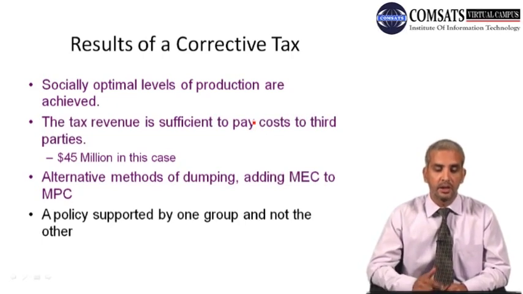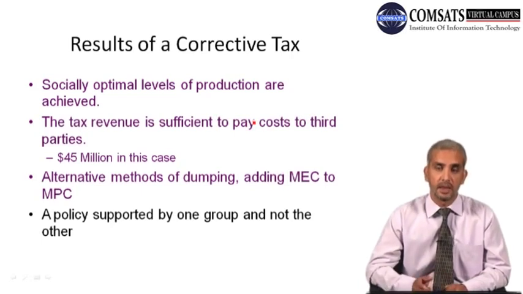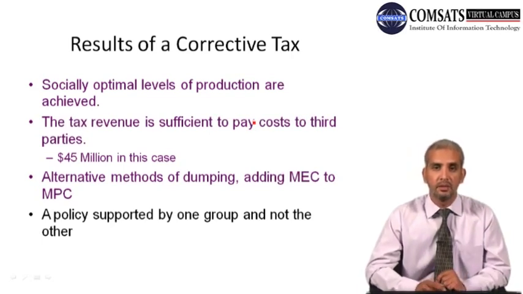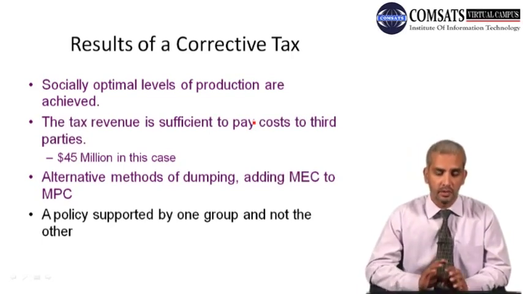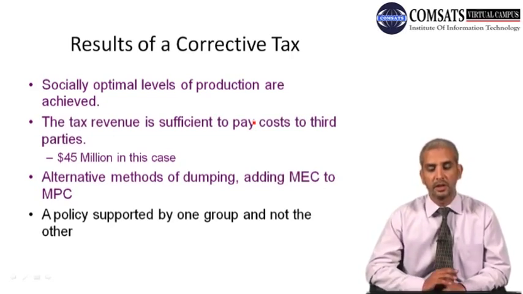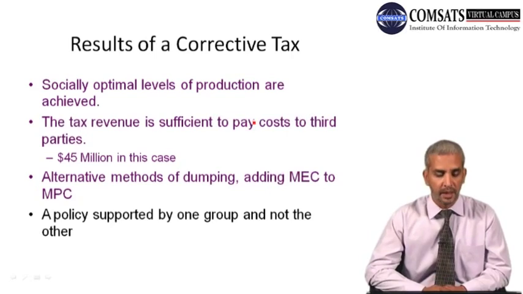The same thing was achieved by a tax, in which case marginal social benefit was again equal to marginal social cost, but marginal social cost was equal to marginal private cost plus the tax. We had specifically mentioned that the government should tax exactly equal to the marginal external cost. That was the main point of this discussion. Now the tax revenue is sufficient to pay the cost to third parties, which is $45 million in this case.